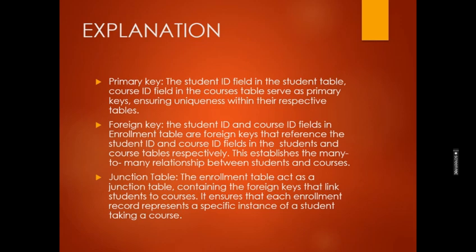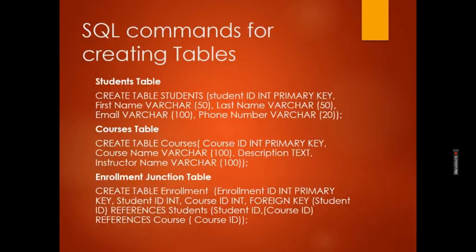Those are the foreign keys that reference the student ID and course ID fields in the student and course tables respectively. This establishes a many-to-many relationship between students and courses. Then we have a junction table. The enrollment table acts as a junction table containing the foreign keys that link students to courses. This ensures that each enrollment record represents a specific instance of a student taking a course.